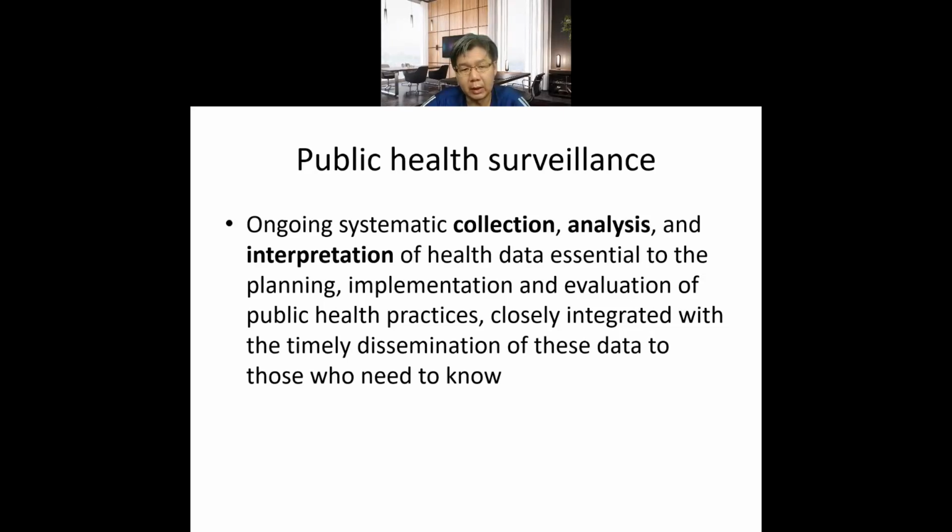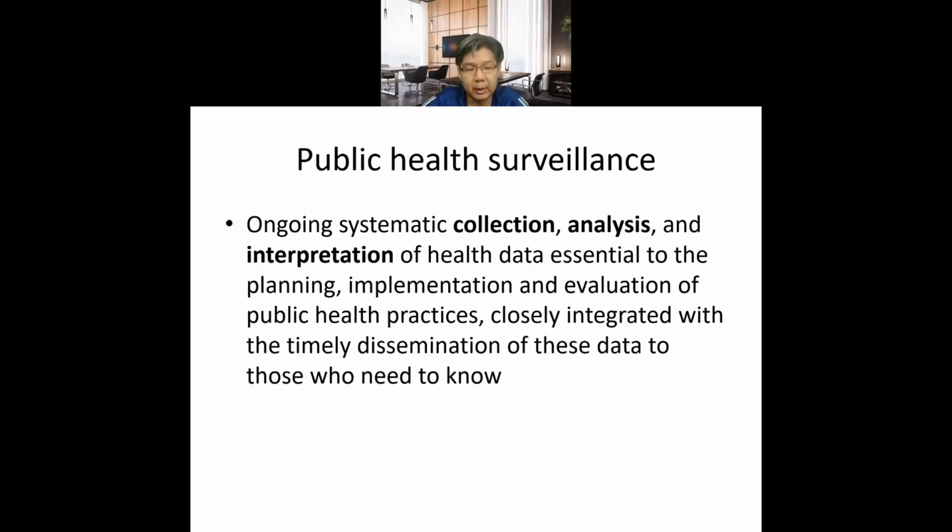Basically, it involves the collection of health data. After the health data is collected, we send it to the authority, and the authority carries out analysis and interpretation. The authority in terms of public health surveillance is the Ministry of Health.